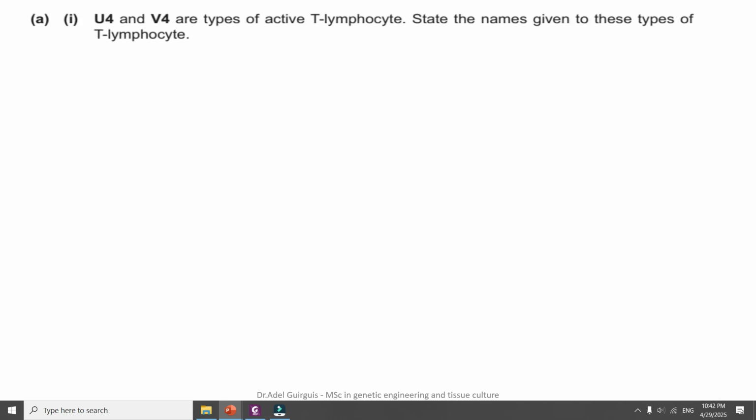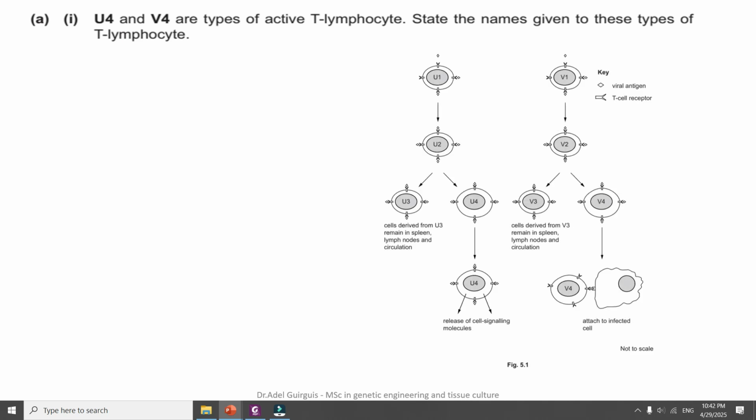Now look, U4 and V4 are types of activated T lymphocyte. T is the name given to these types of T lymphocyte. U4 releases cell signaling molecules, and that is the job of the T helper cell.